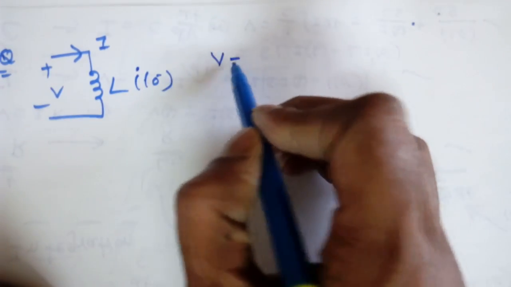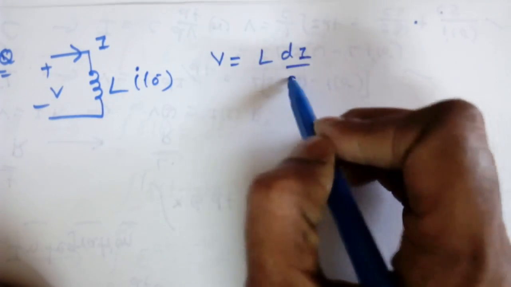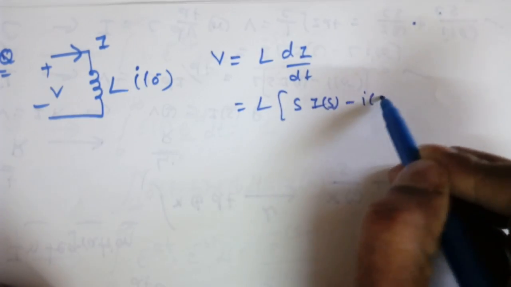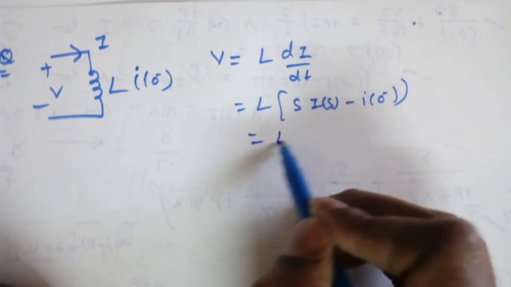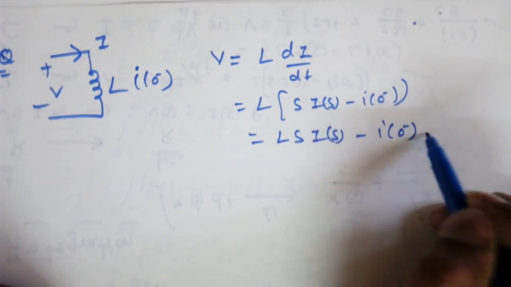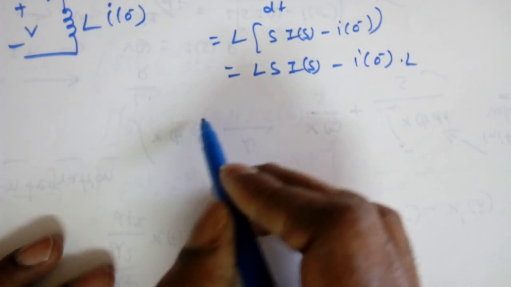First I will write V is equal to L into di by dt. So this is L into s into I of s minus I of 0 minus, so Ls I of s minus L into I of 0 minus. So this can be represented like this.